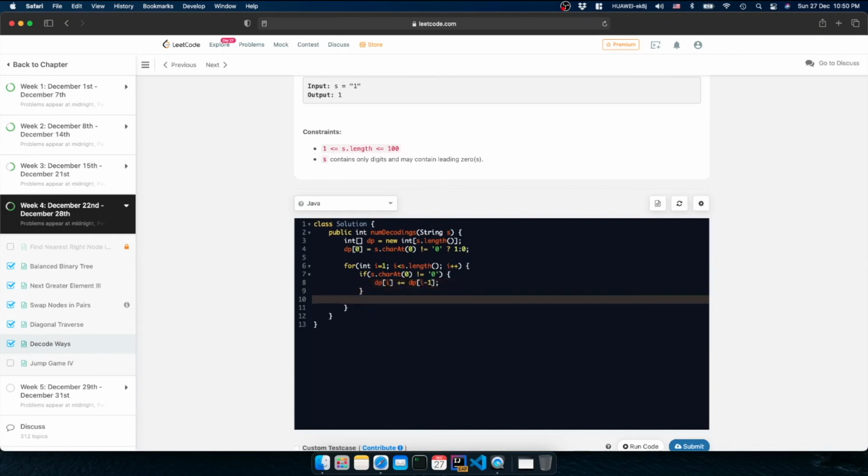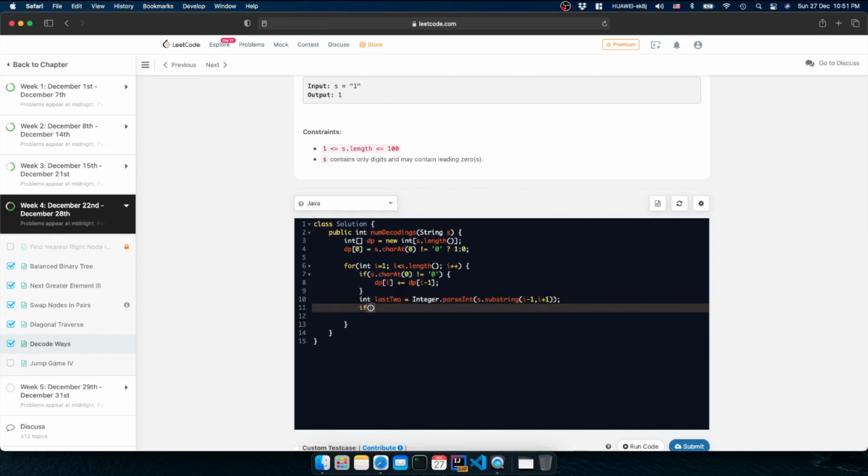Now for the second condition, when we are combining the last with the second last, right? So we have to now calculate the last two numbers. Right, so the first case was when we are not combining the new character with the previous string. In this case we are combining the last character with the second last character.